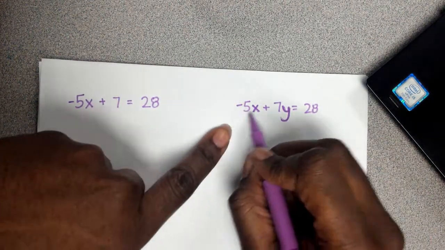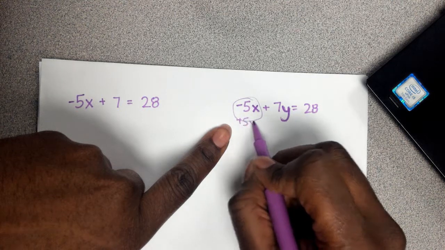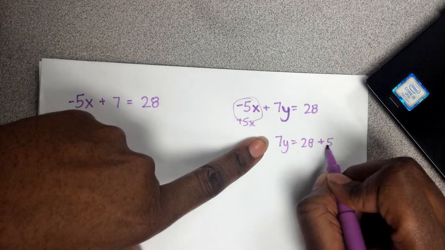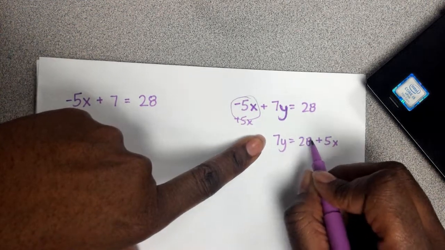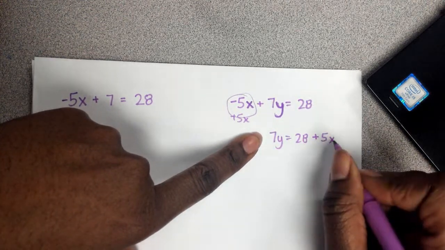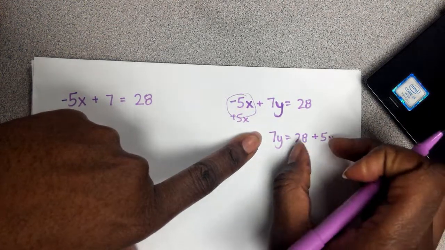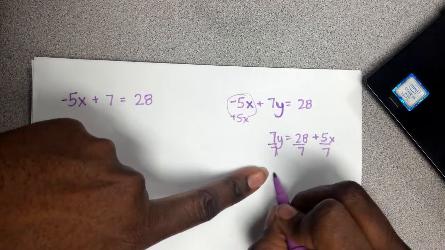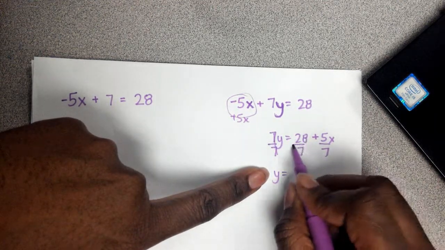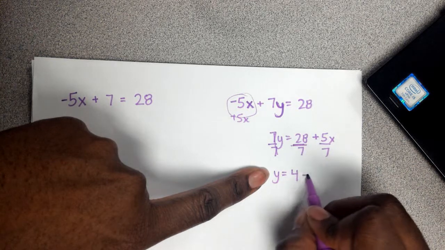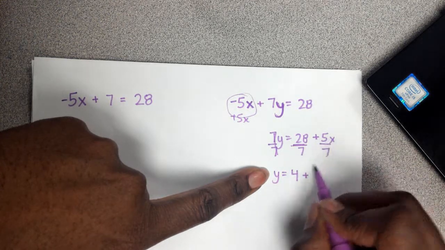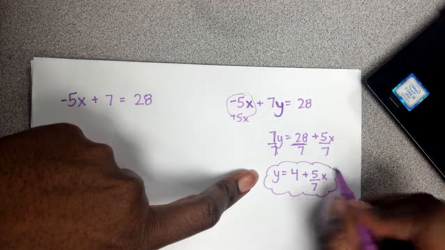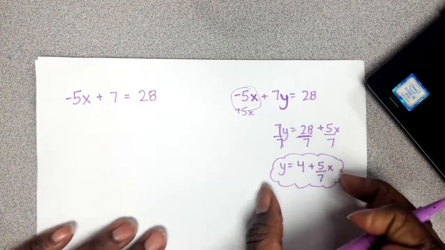So this is when I'm going to do the opposite of the x and add it to the other side and keep it there. I cannot add 28 plus 5 because 5 has an x. That's how I know I have to keep it as an equation. Now I'm dividing everything by 7. Y equals 28 divided by 7 is 4. Then 5 divided by 7 will give you a decimal, and then it will reduce back to 5 over 7. So this is my slope-intercept form.